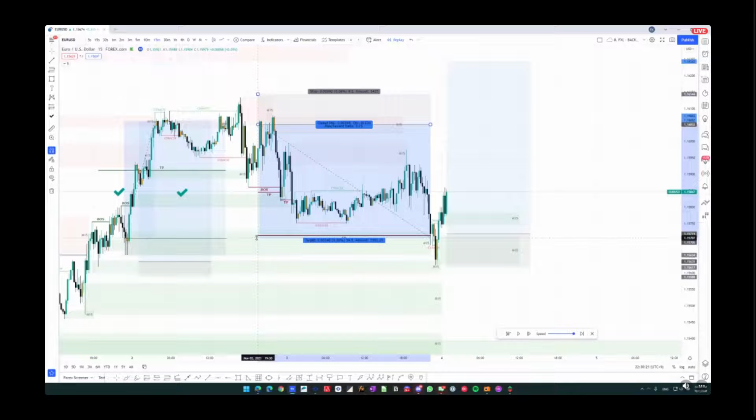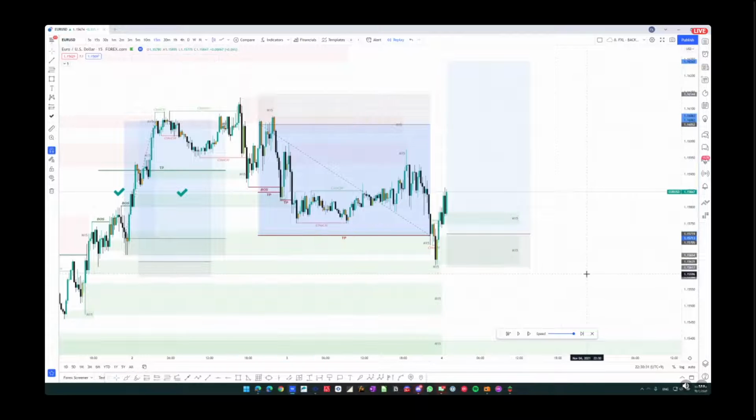And I was not disciplined enough at confirmation. That's why I tried to predict the reversal. Yeah, that's what messed me up this week.